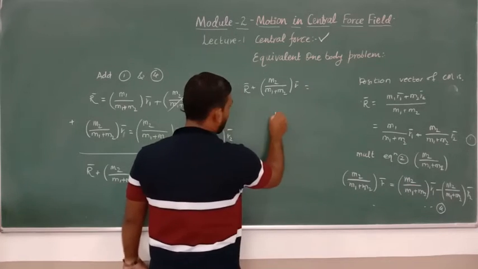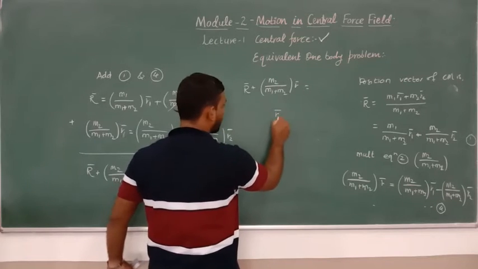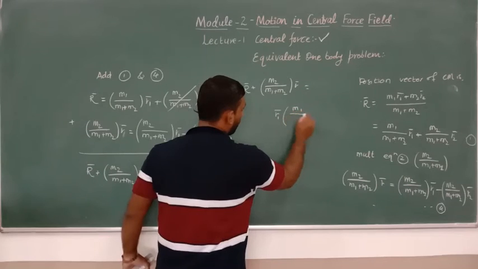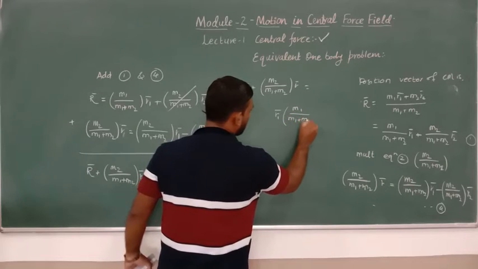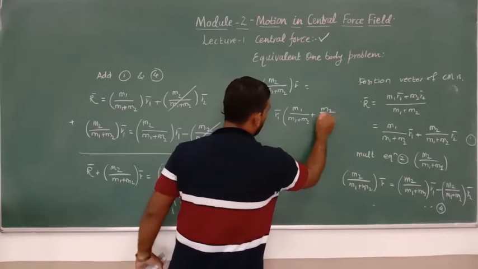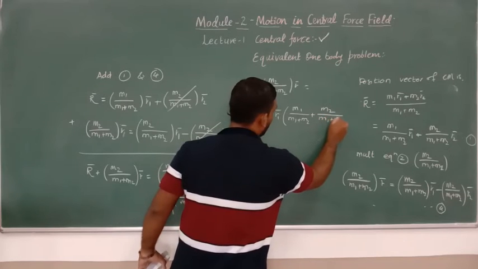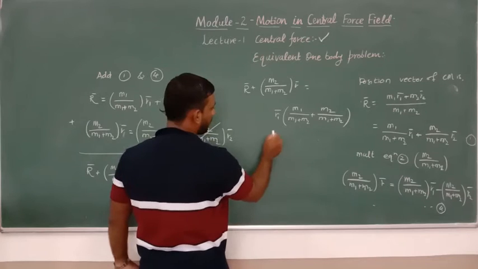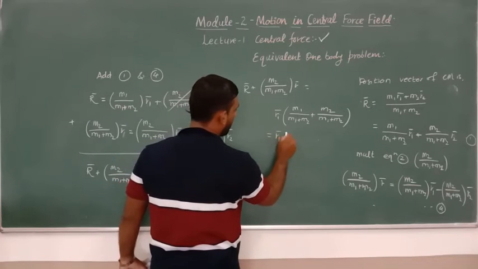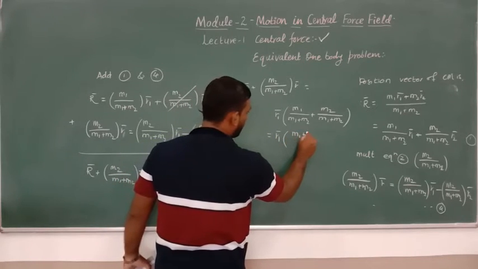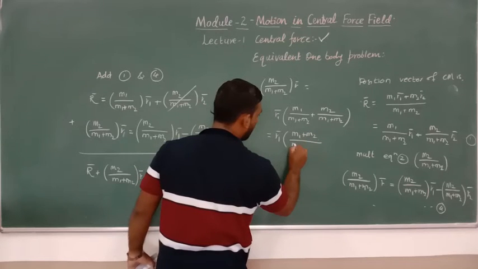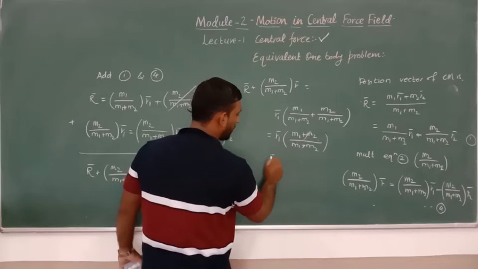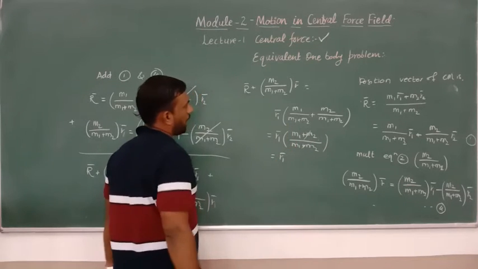r1 bar, sorry, times m1 upon m1 plus m2 plus m2 upon m1 plus m2. The bases are same, so just add the numerators. So r1 bar times m1 plus m2 over m1 plus m2, so it is only r1 bar.